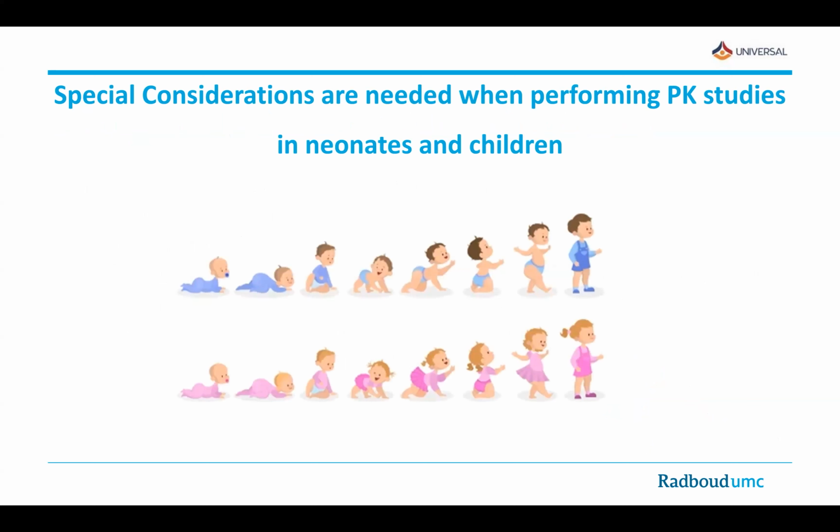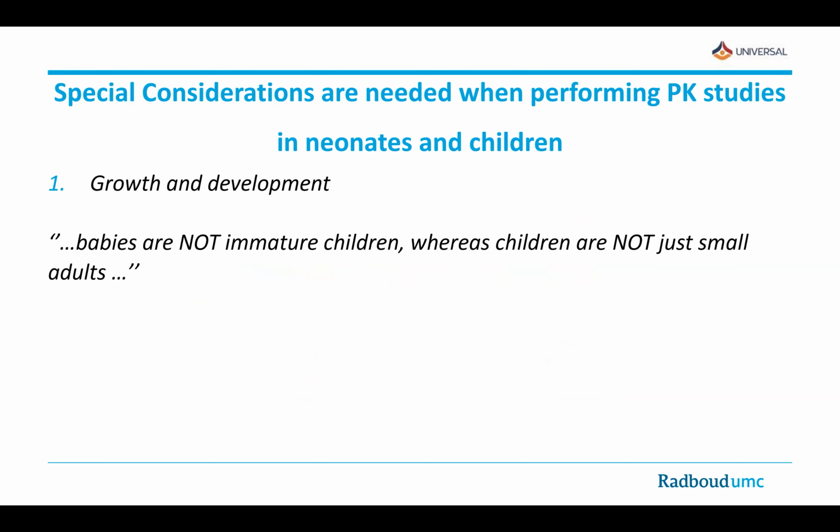So I already gave children as an example of a specific patient population where we want to find the right dose of a drug. But when we perform these pharmacokinetic studies in children, there are some special considerations needed. For starters, it is important to consider the growth and the development of children.